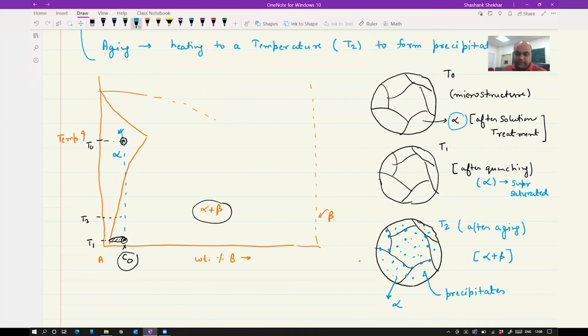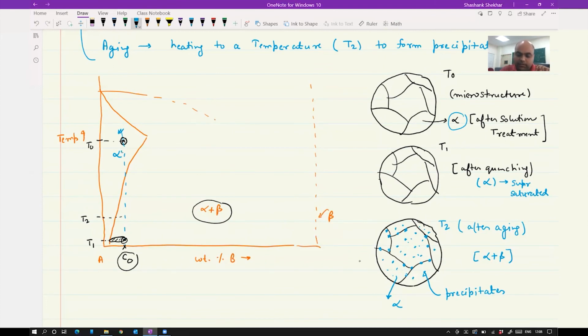I told you already. Okay, so this is how we do aging treatment, right? We start with solution treatment. We dissolve all the prior precipitates, and we form a single phase, alpha, right? Single phase, so this region.